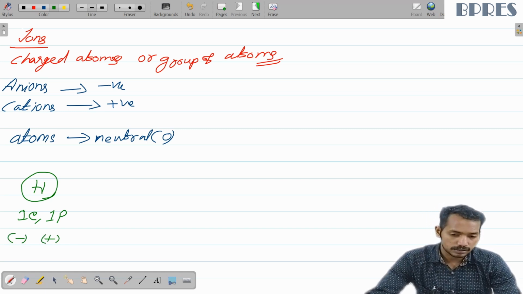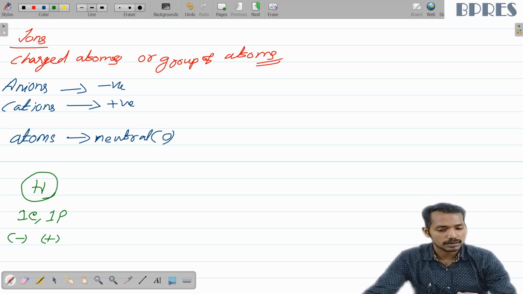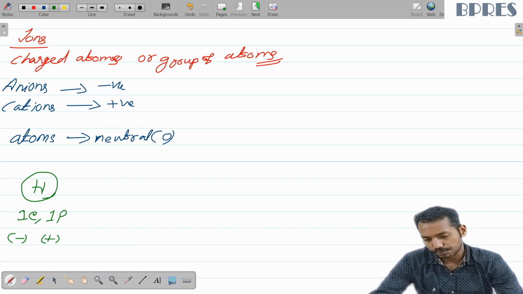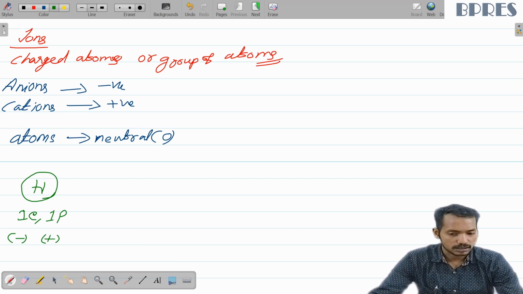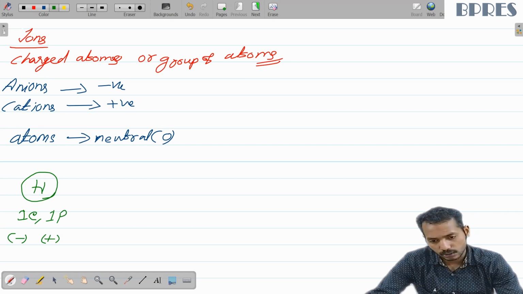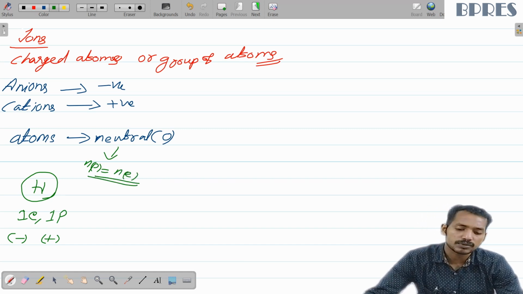You will get a clear idea about electrons and protons in the next chapter. These are some particles contained in the atom. The electron has negative charge and the proton has positive charge. Generally, in a neutral atom, the number of protons is equal to the number of electrons. Even though they have opposite types of charge, the magnitude is the same.